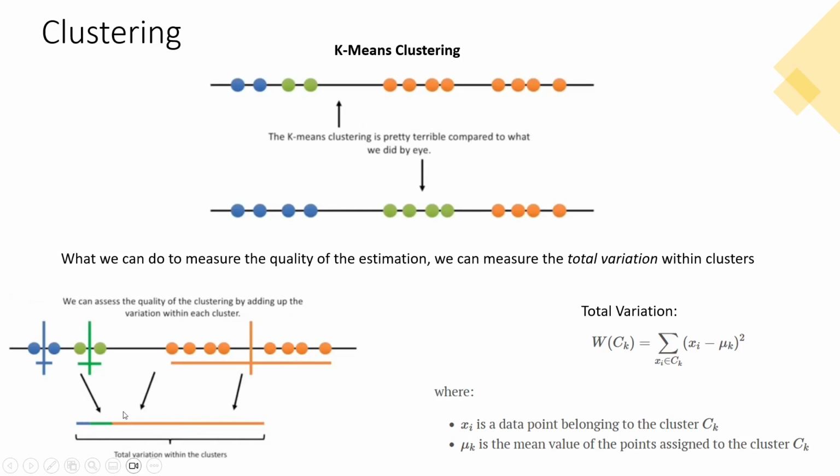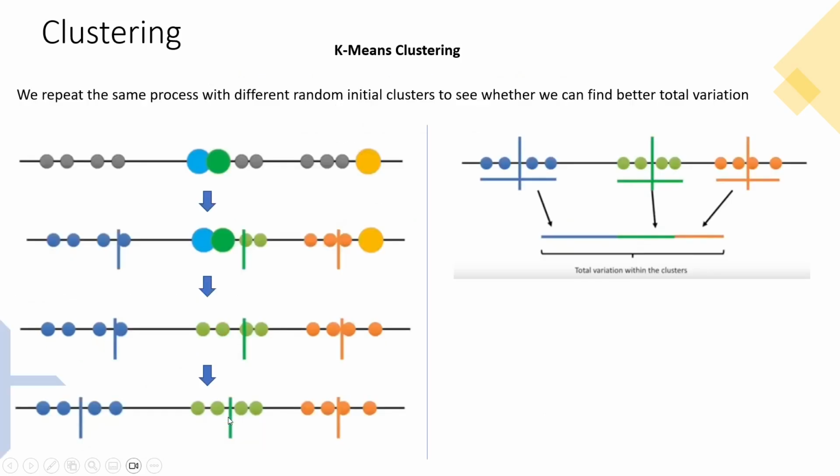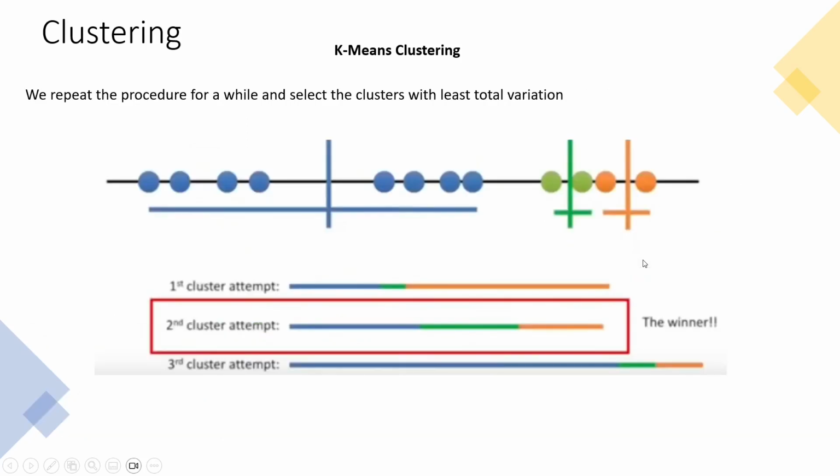Okay, and in order to select a good clustering result, we would like to have this total variation balanced. So what we do basically is choose more random initial cluster centers and repeat the whole clustering procedure, and then we come up with more total variations, and then we compare all the total variations.